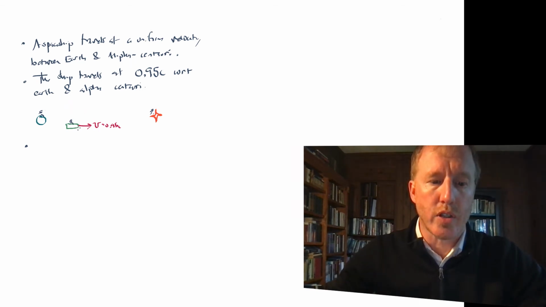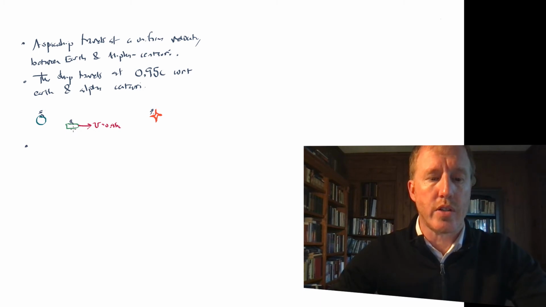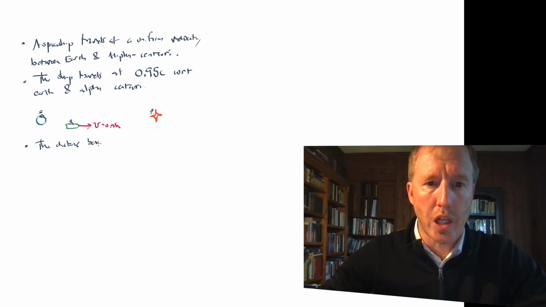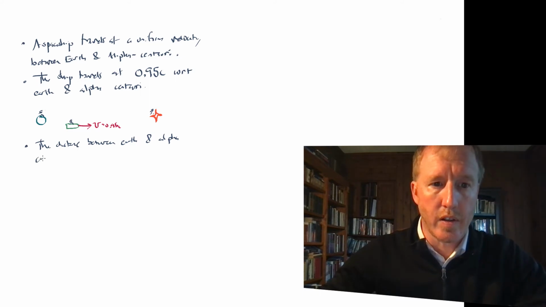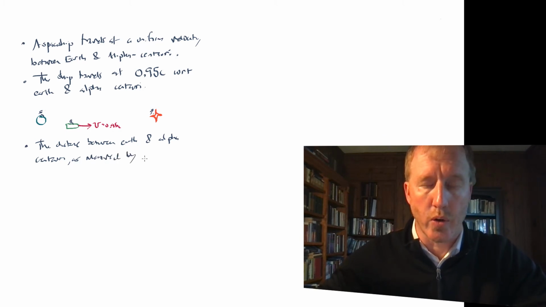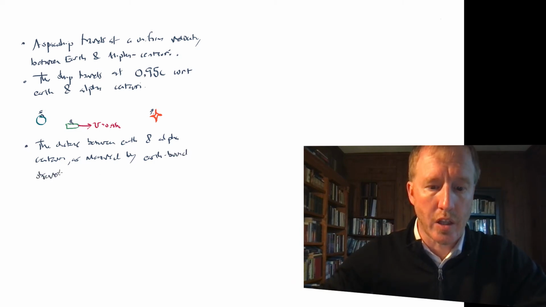Let's talk about, first of all, the distance between Earth and alpha-centauri as measured by these observers who are at rest relative to the Earth. So the distance between Earth and alpha-centauri as measured by the Earth observer, or earthbound observer, is 4.3 light years.